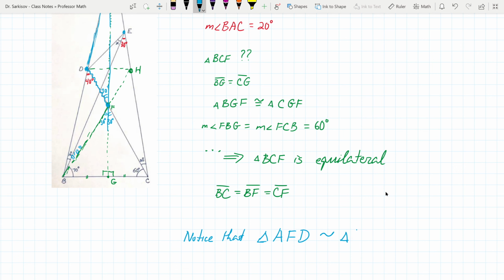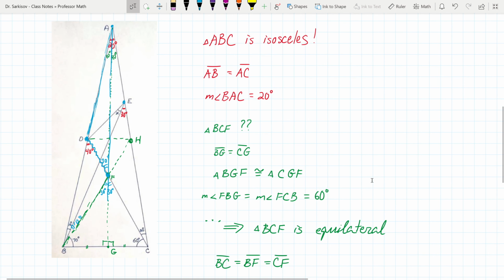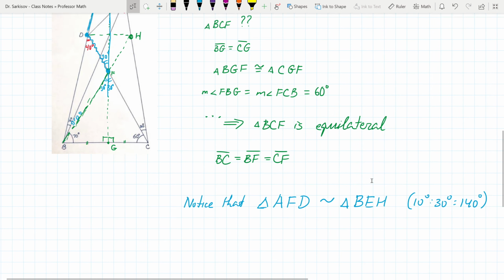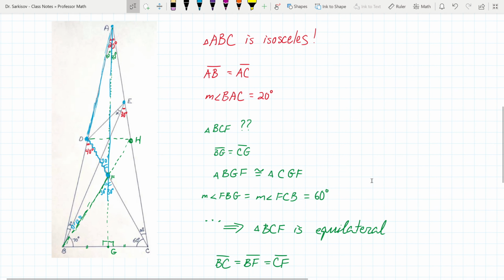Triangle BEH, because 10 degrees, 30 degrees, and 140 degree triangles. So anyway, we have that. Now let's see. If they're similar, what can we say from that? And by the way, look at AF. Where's AF?